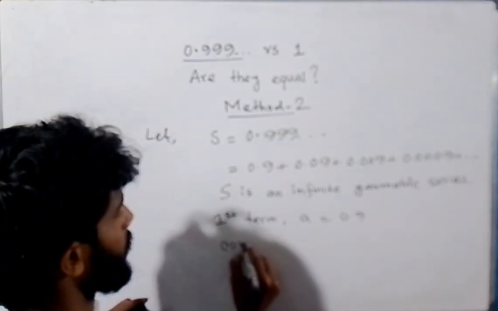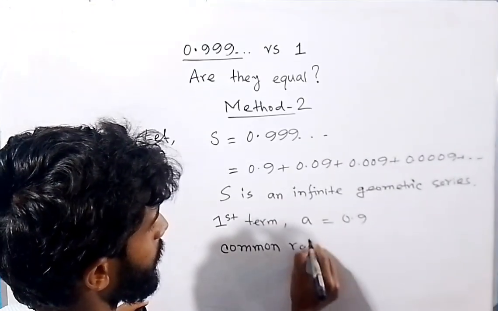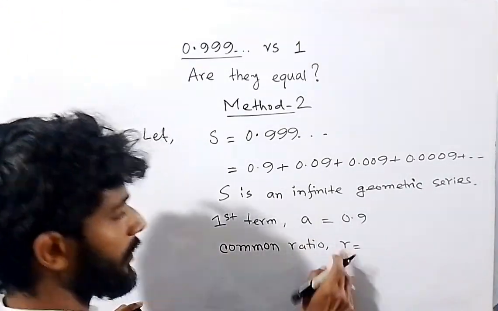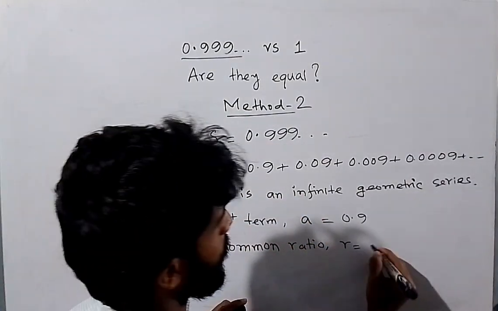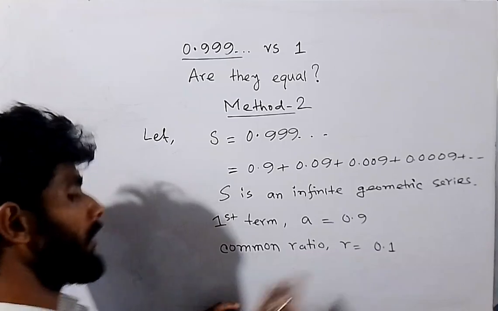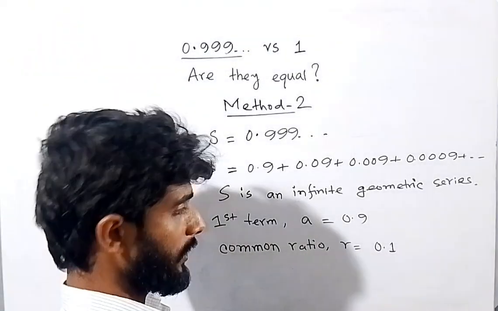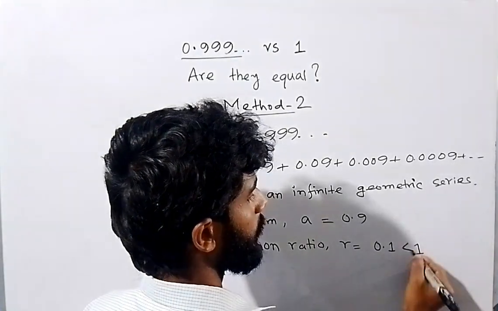Now since it's a geometric series, there is a common ratio. The common ratio is represented by r, and if I calculate it, I get 0.1. 0.1 is the common ratio, and this r, that is 0.1, is strictly less than 1.